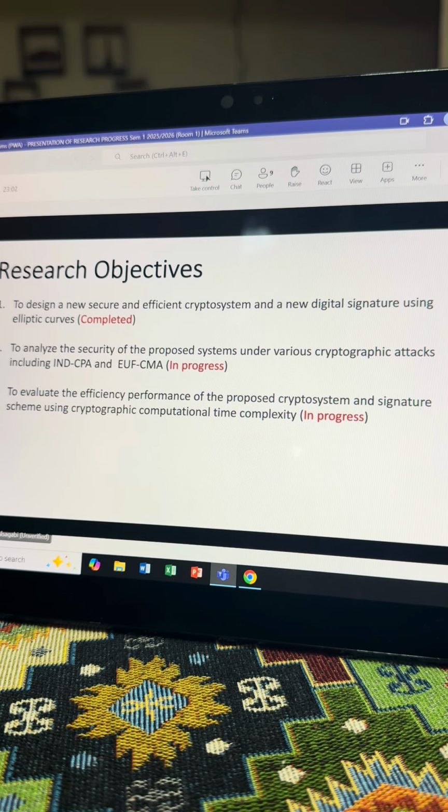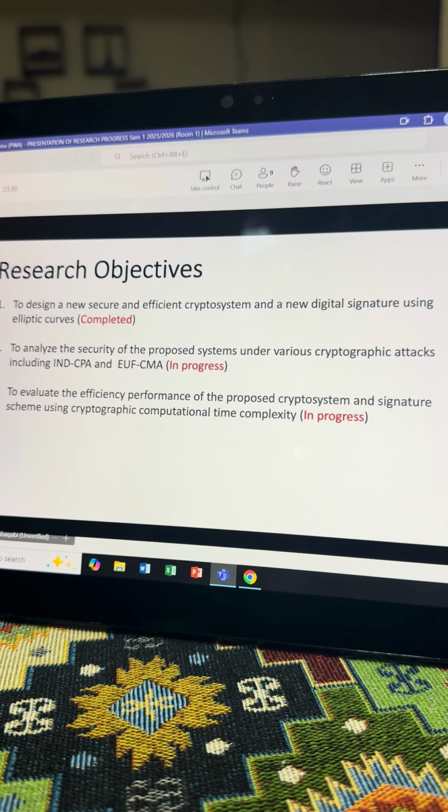The overall aim of my research is to achieve a secure, fast, and unified ECC model suitable for constrained systems. In particular, the first objective is to design a new secure and efficient crypto system and a new digital signature scheme based on elliptic curves, which has already been completed.